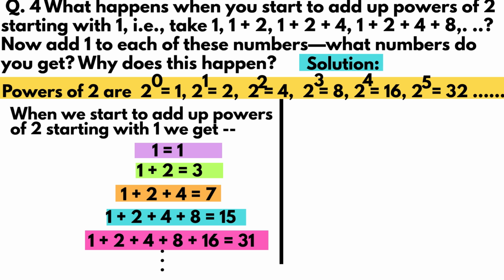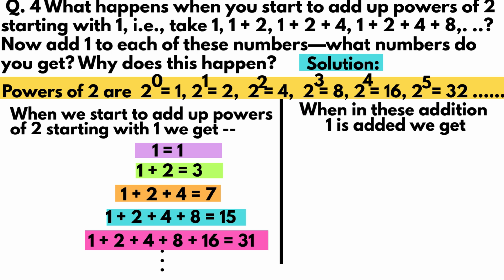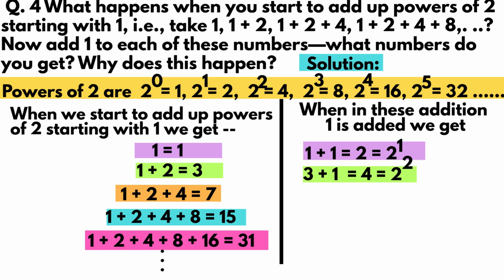When in this addition 1 is added, that is 1 plus 1 equal to 2, which is 2 raised to 1. When 1 is added to 3, we get 3 plus 1 equal to 4, that is 2 raised to 2.